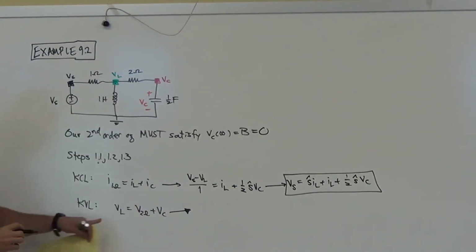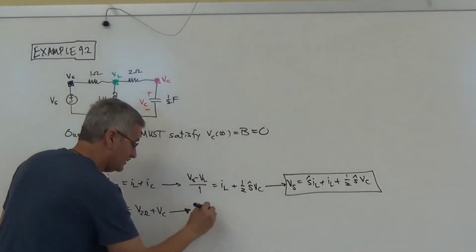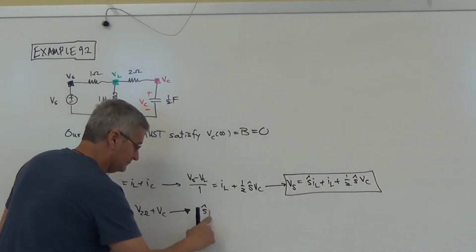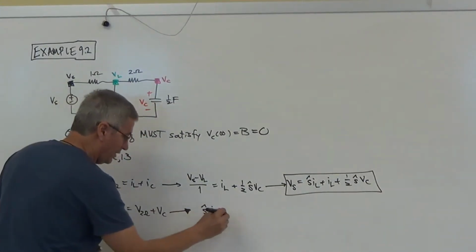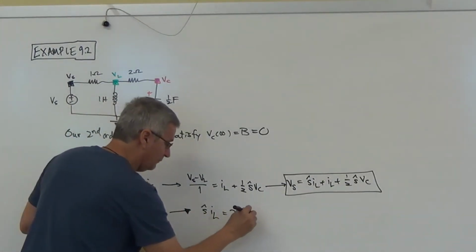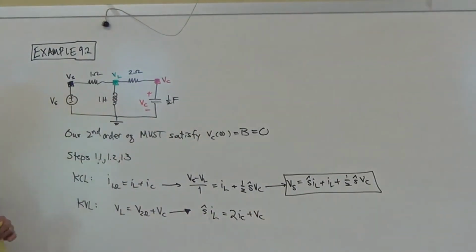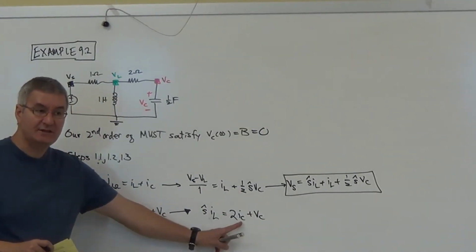So here we go. Now I'm going to convert this guy. So I got 1 times S hat IL. And then on the other side, I'm going to write this as 2 IC plus VC. So in doing this, you can see I've got to go back and convert IC now.